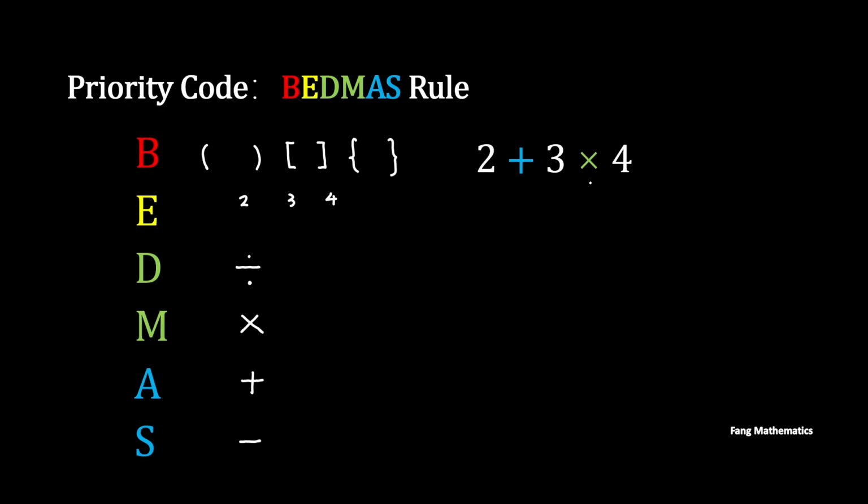So we perform the priority that is on top first. So 3 times 4 will give you 12. And we bring the 2 down, with the addition, as we have not done the addition. And last, we perform the addition. So 2 plus 12 should give you 14.